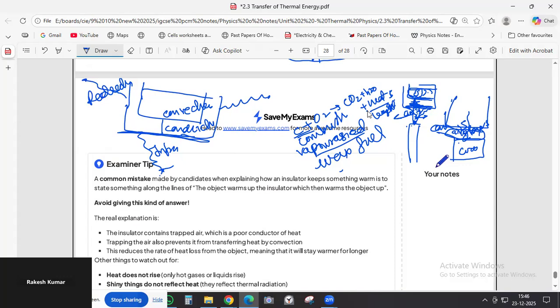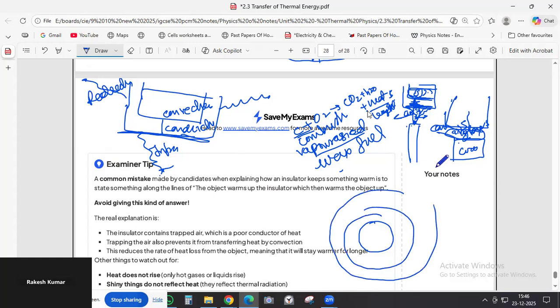Why does it absorb? There is a concept in physics or chemistry that electrons are moving around the nucleus, and if an electron absorbs energy, it will jump to a higher shell.